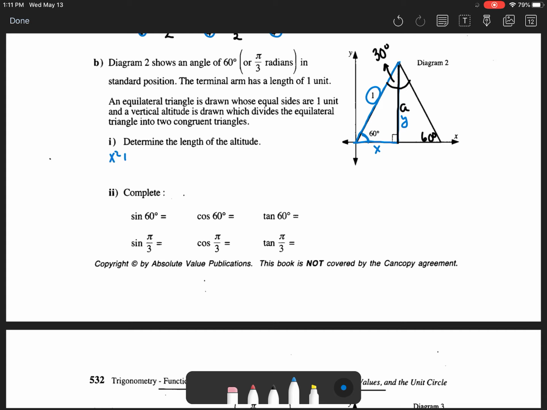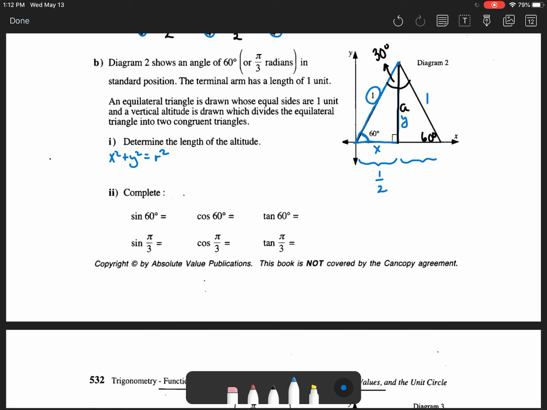So I go x squared plus y squared equals r squared. Okay, always start with the original formula. In this case, I have x squared. Now, they've also told me the terminal arm is 1 unit, and if it's an equilateral triangle, then this would be 1 unit, and the whole length along the bottom would be 1 unit, meaning from here to here would be half of a unit, wouldn't it?